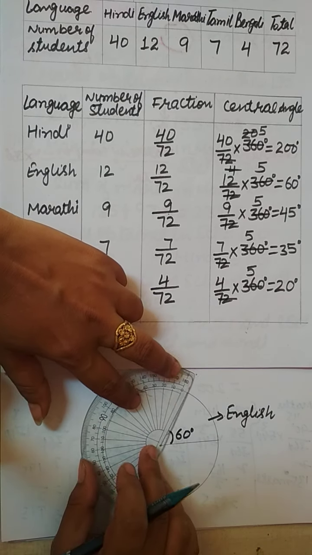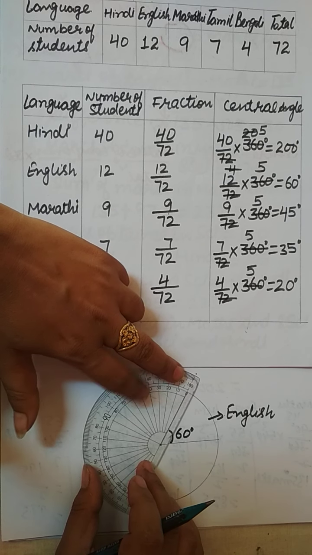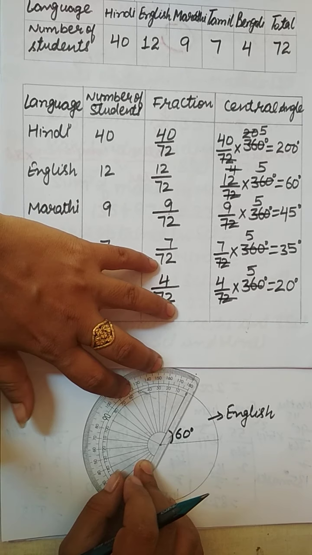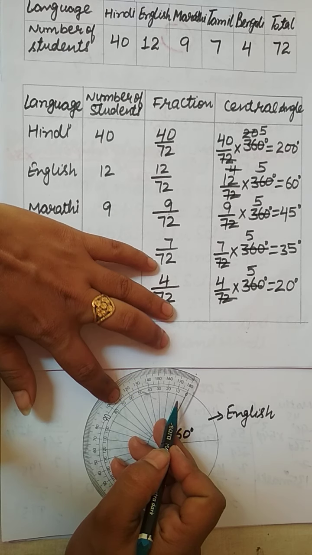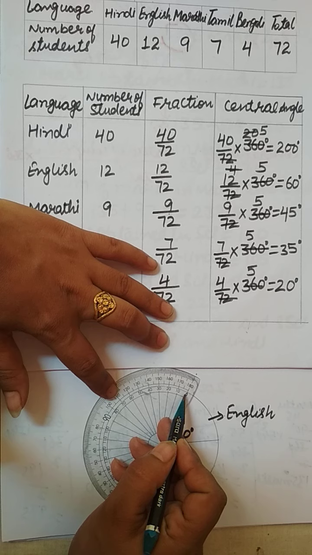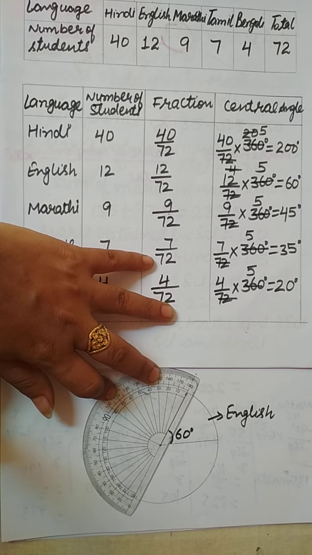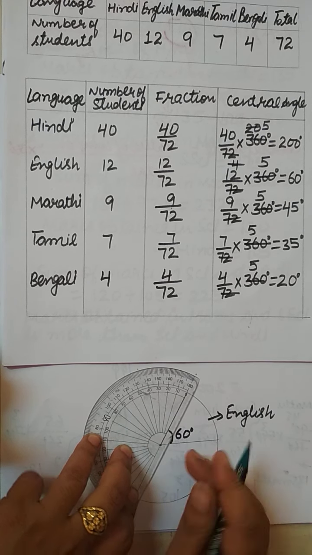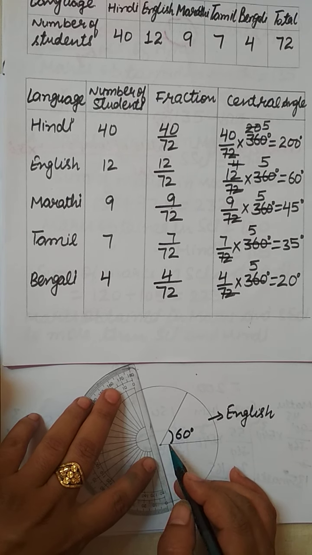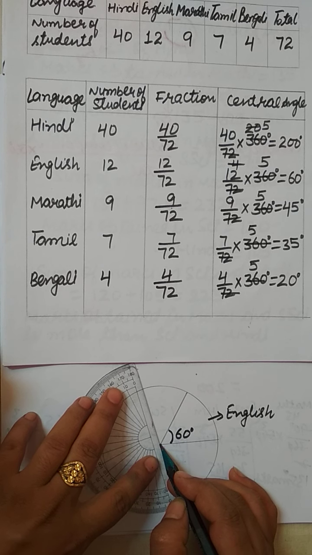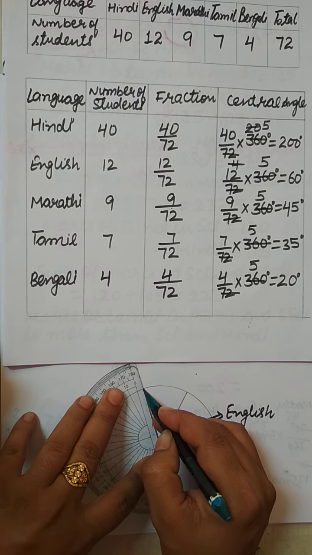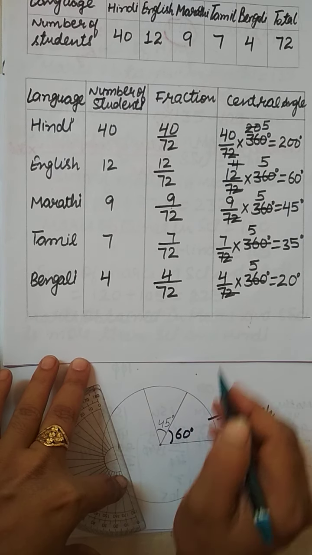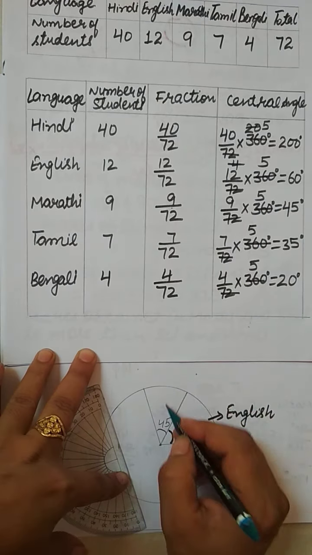I will put my protector here and mark the next angle, that is 45 degree. Now I have put my protector. Mark the angle of 45 degree, it will be here. This angle is 45 degree and 45 degree central angle is for Marathi.